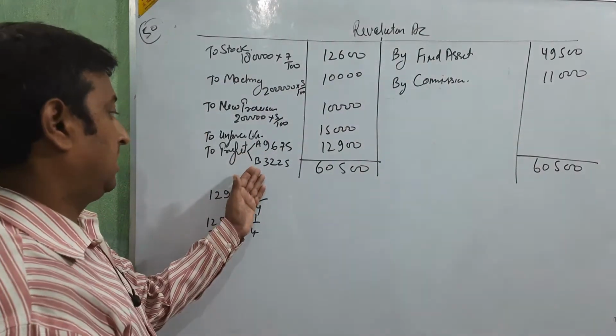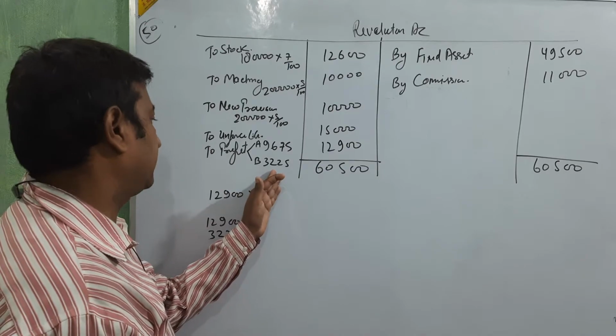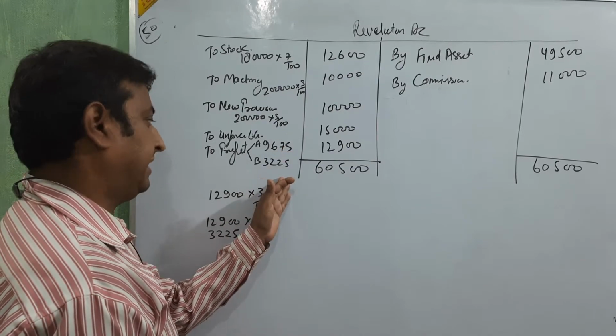So 12,900 and 9,675 and 3,225. Okay, beta.